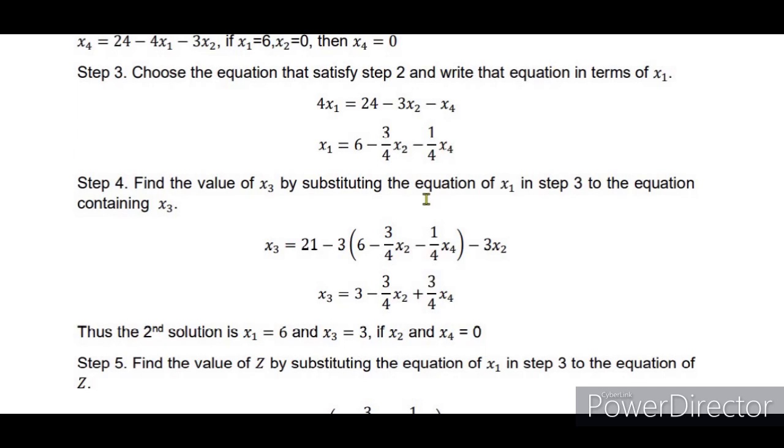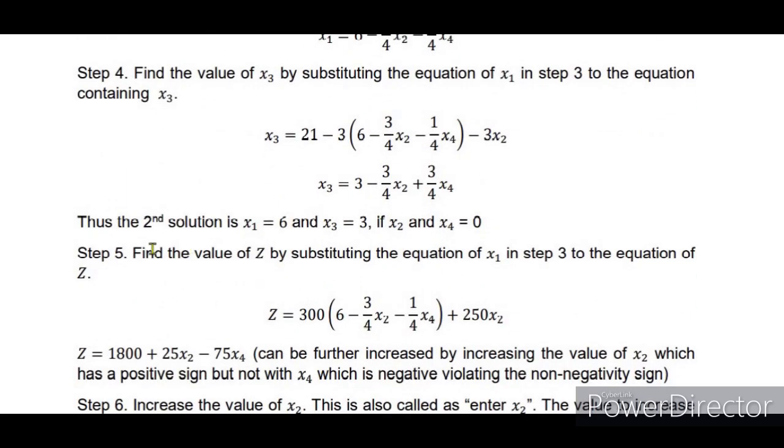Then we simplify. So x sub 3 is equal to 3 minus 3 over 4 x sub 2 plus 3 over 4 x sub 4. Okay? Thus, the second solution is x sub 1 is equal to 6 and x sub 3 is equal to 3 if x sub 2 and x sub 4 are equal to 0.